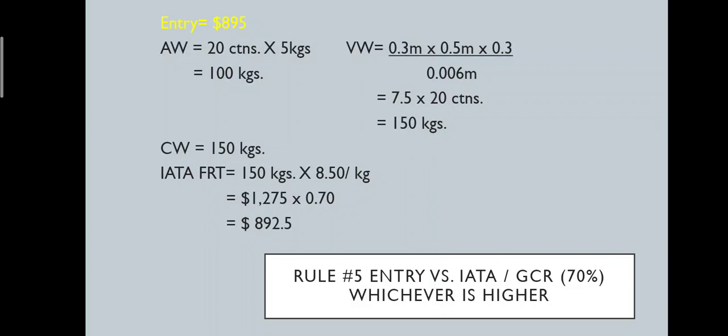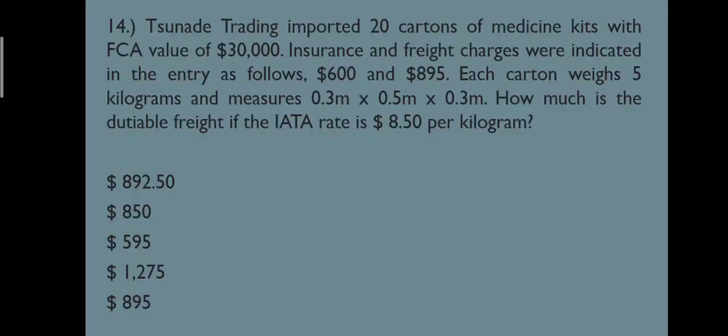So asa may mas bugat nila? So ang volume weight mao na atong chargeable weight. So unsaon ganito pagkuha sa IATA freight? So chargeable weight in kilograms, which is 150 kilograms, multiplied by 8.50 per kilogram. Kay IATA rate is 8.50 per kilogram man.